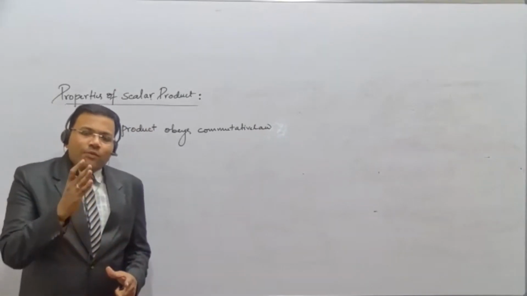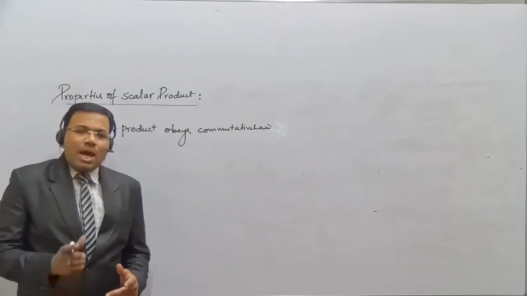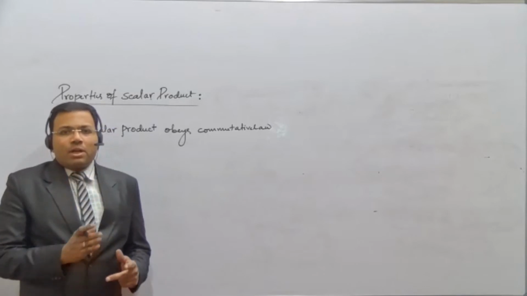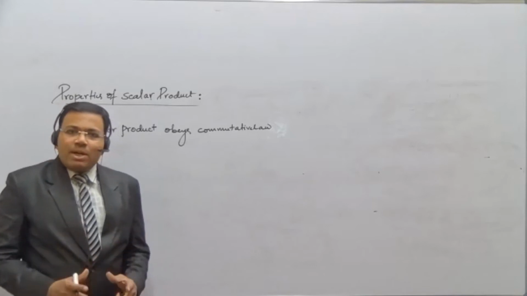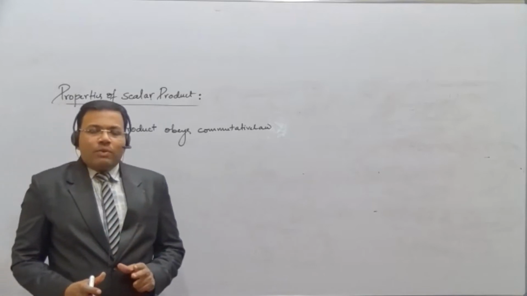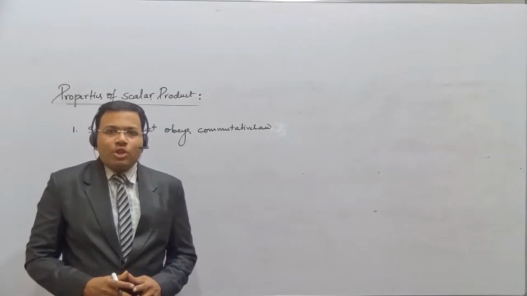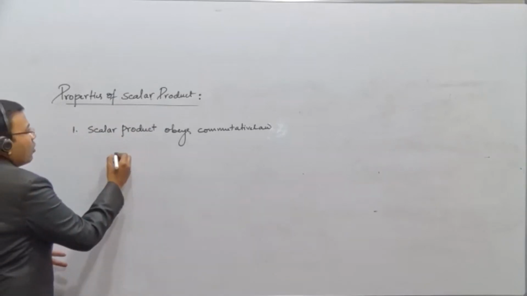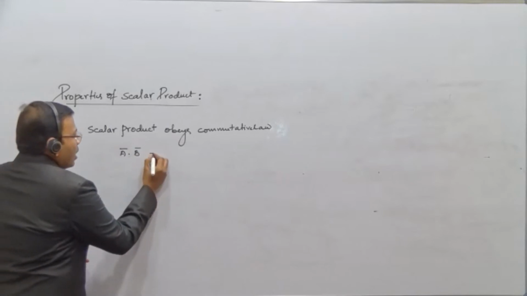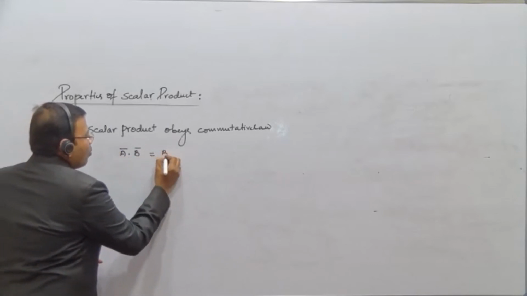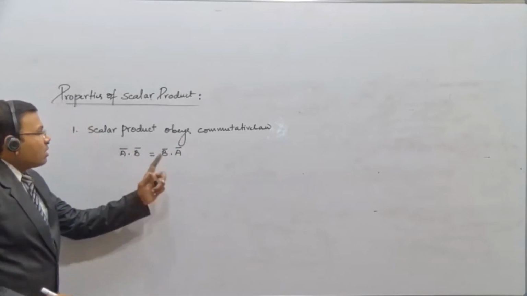It means that if you multiply vector A with vector B, you are going to get the same result as if you multiply vector B with vector A. It is something like in mathematics, we have 2 into 3. We get the same result if we multiply 3 into 2. So that is what you call the commutative law. Here it obeys the commutative law means A dot B, that is A bar dot B bar, gives the same result as B with A.